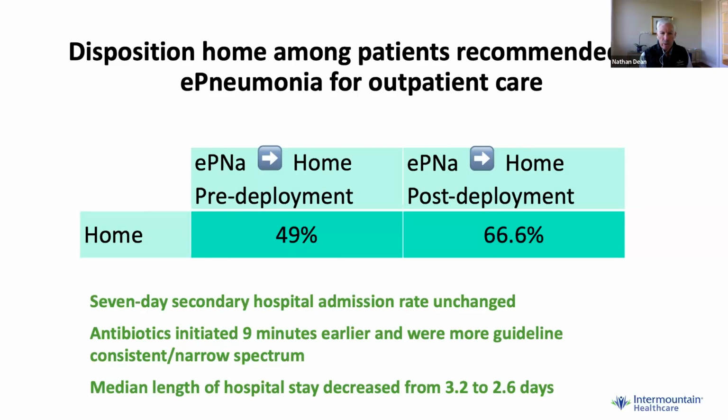The rate of them bouncing back into the hospital within 7 days was unchanged. Antibiotics were initiated a little bit earlier, and they were also more guideline consistent, narrow spectrum, again consistent with the national guidelines. There was about a half-day decrease in median length of hospital stay. Next slide.